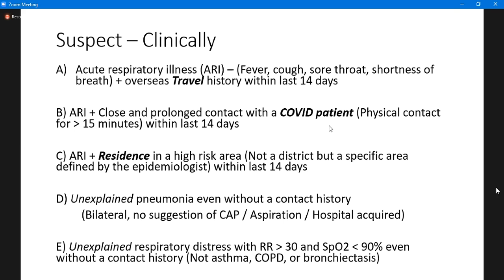Now, all of these may be present, or some of these may be present. It is not essential, but fever is considered to be the first among equals, or the most important of these. So we are looking at a patient with fever who has maybe cough, maybe sore throat, maybe shortness of breath. That's the acute respiratory illness.